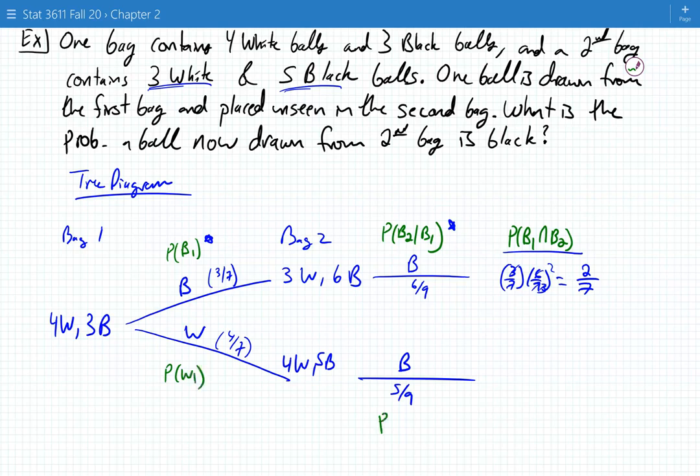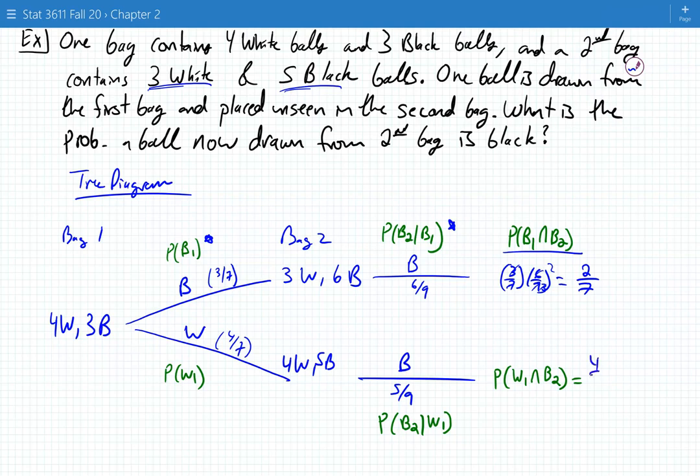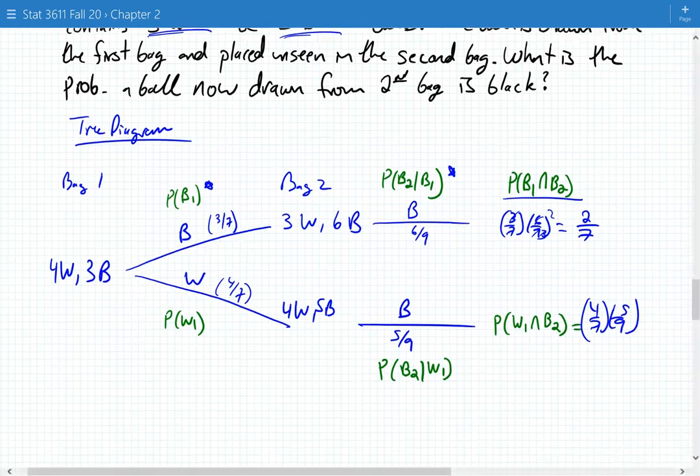This would be the probability of getting a black ball in the second, given we've gotten a white ball first. And we're looking at the probability that we have gotten a white ball first and a black ball second, which is 4/7 times 5/9.